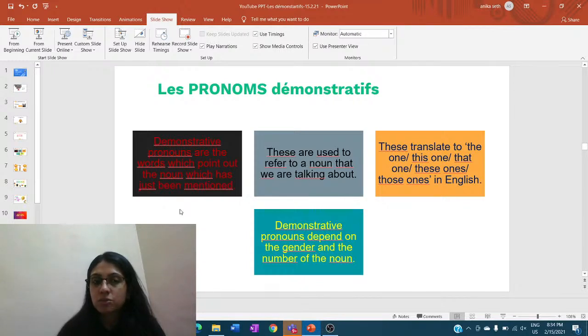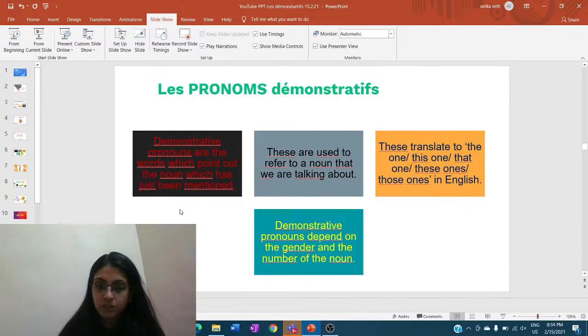Right? So the noun is already mentioned, it has already been introduced in the sentence. Now we are replacing that noun. In English, the demonstrative pronouns translate to the one, this one, that one, these ones, those ones.